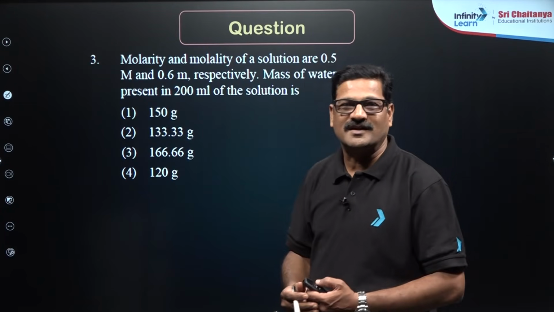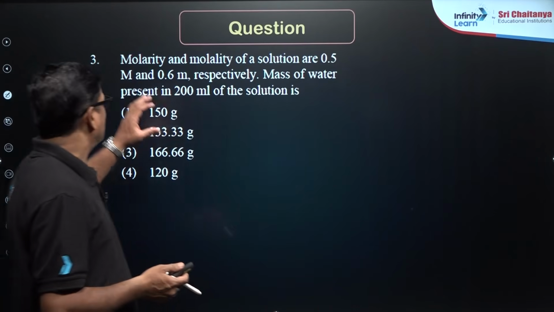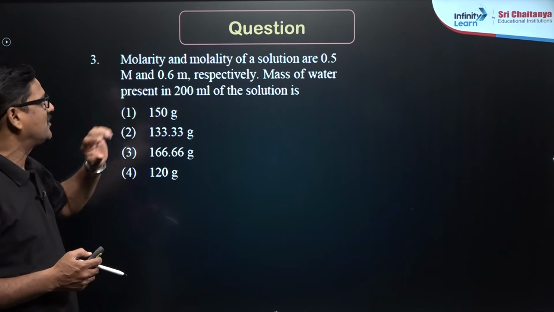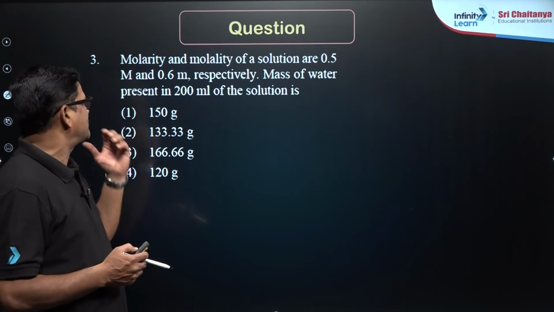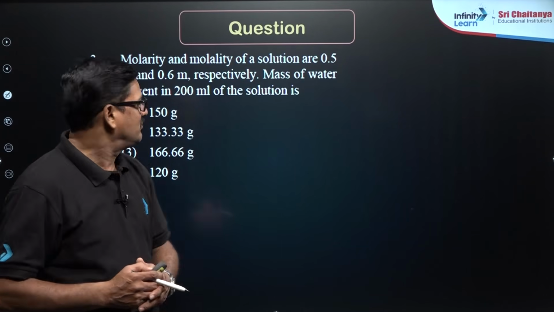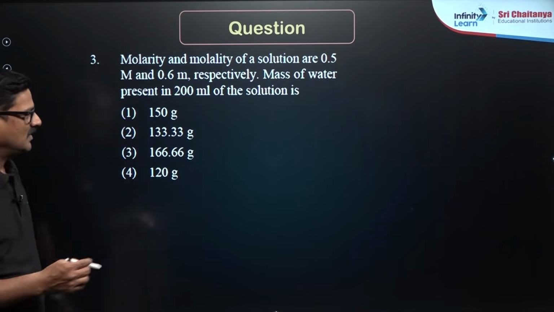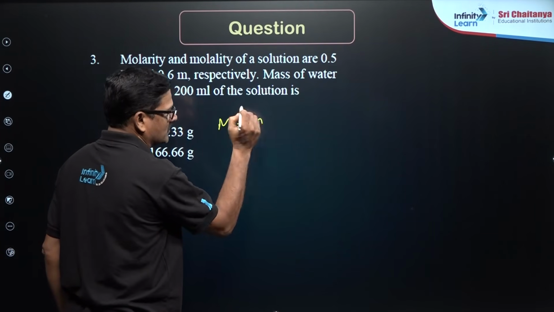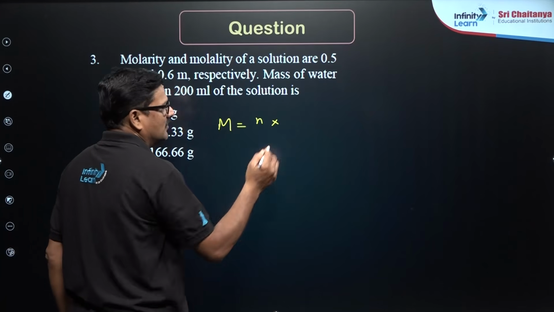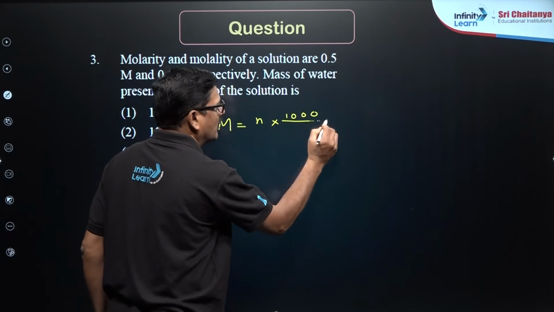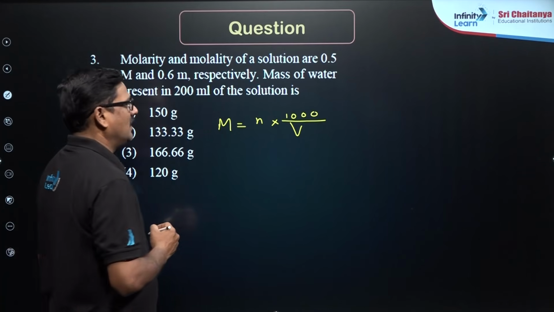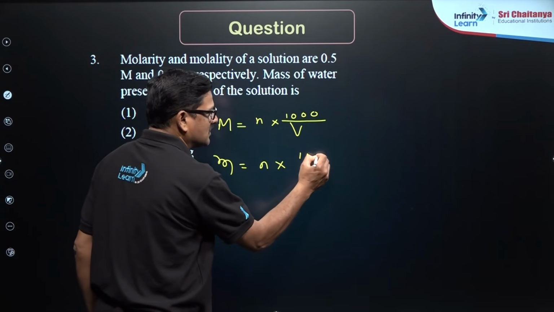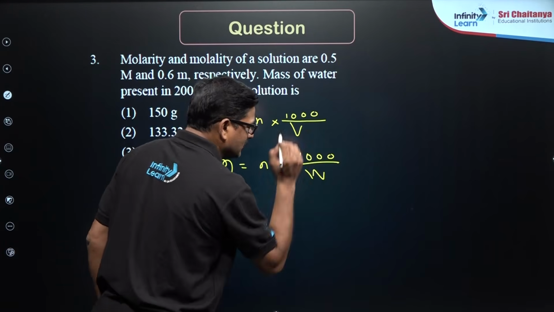Here is a simple numerical that is asking: the molarity and the molality of the solution are 0.5 and 0.6 respectively, what is the mass of water present in 200 milliliters of the solution? So molarity is equal to number of moles into 1000 by volume of the solution, and molality is number of moles into 1000 upon weight of the solvent.